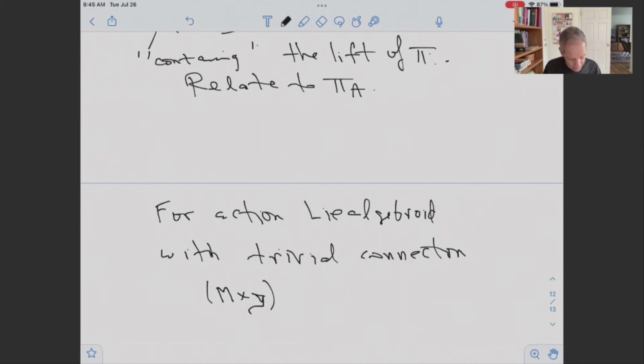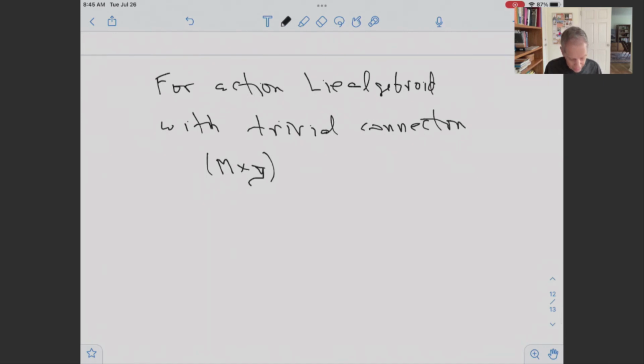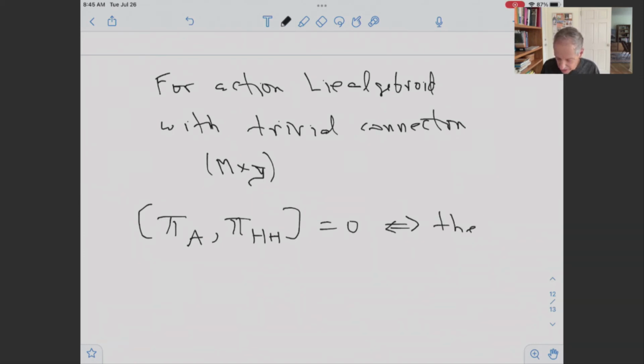It does seem that the Schouten bracket of pi A and pi HH equals 0 if and only if the trivial connection is Poisson anchored.